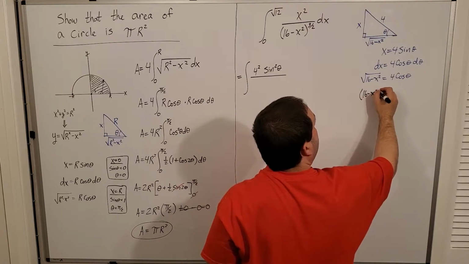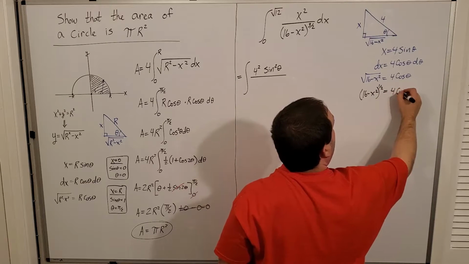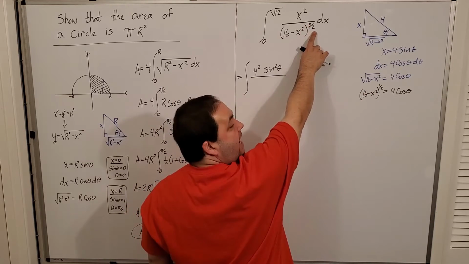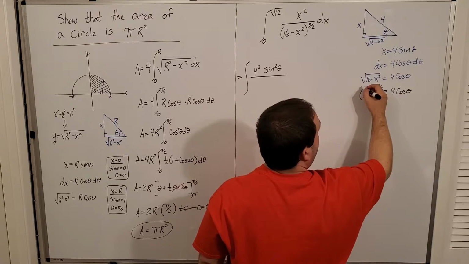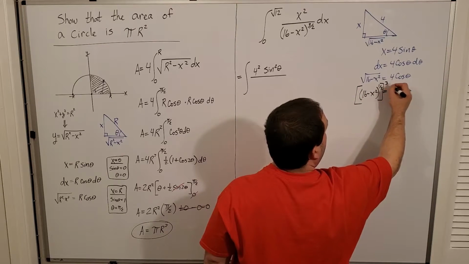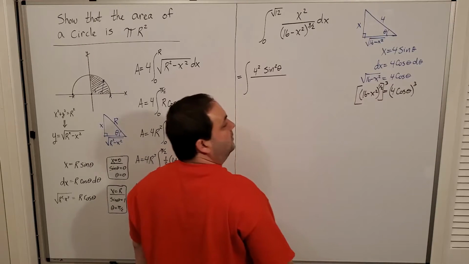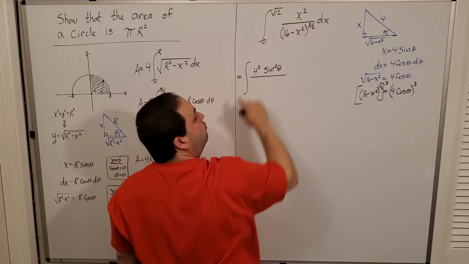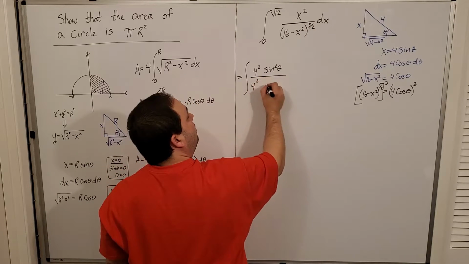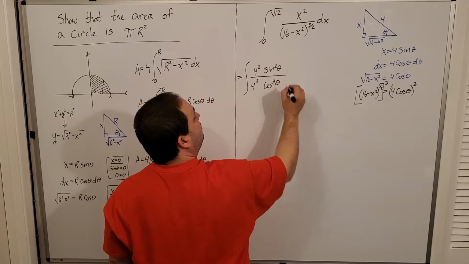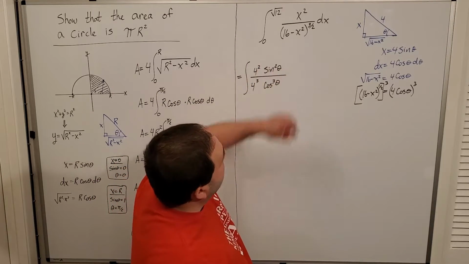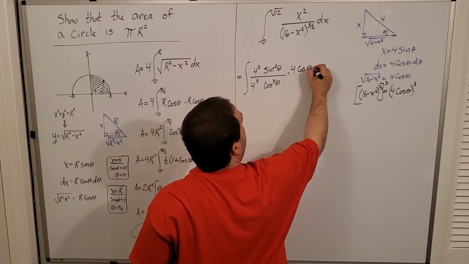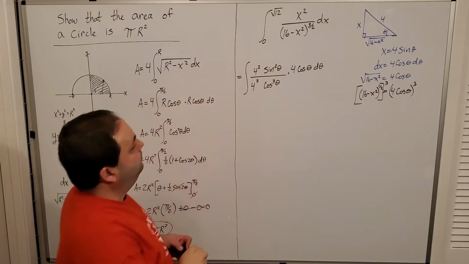So 16 minus x squared to the 1/2 is equal to 4 cosine theta. So what I would actually be doing to make this the 3/2 power is I would have to take the third power on both sides here. That would make this the 3/2 power of that. So this chunk right here is 4 to the third times cosine to the third. And then there's the dx, which is 4 cosine theta d theta, right?